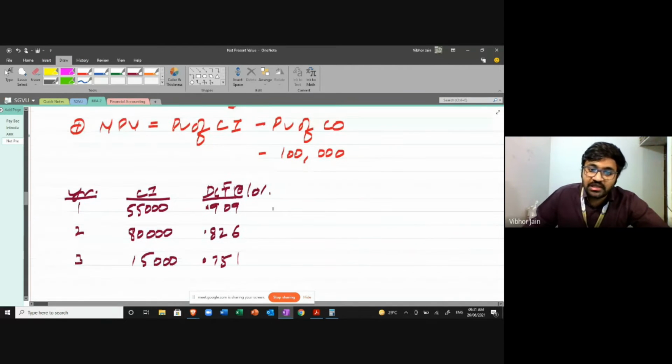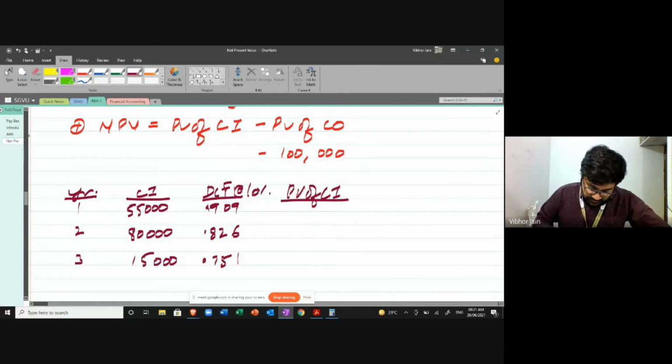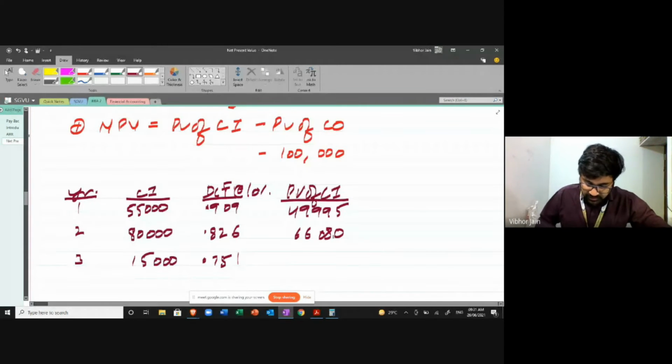Okay, so now I'll calculate the present value of cash inflow. I'll multiply all this. So 55,000 multiplied by 0.909 is equal to 49,995. 80,000 into 0.826 equals 66,080, and 15,000 into 0.751 equals 11,265.